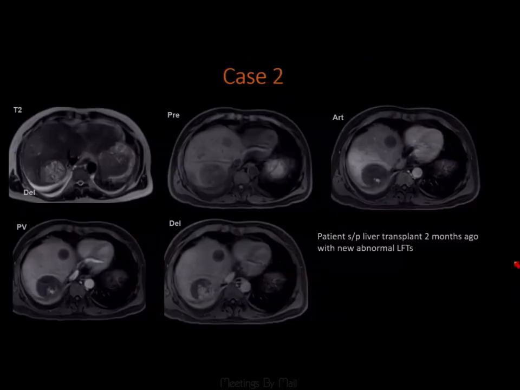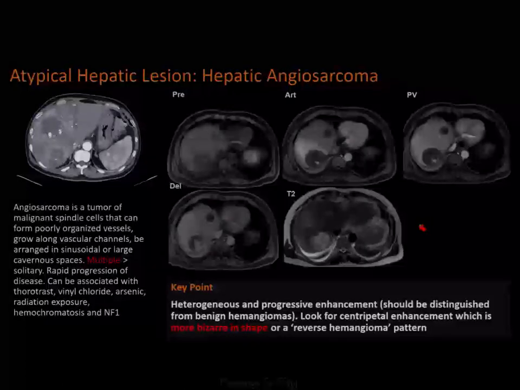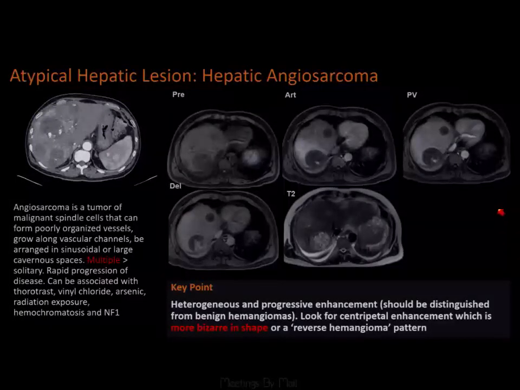All right, case number 2. This patient was status post liver transplant 2 months ago with rising LFTs. You can see they have multiple lesions. These lesions demonstrate nodular areas of enhancement. At this point, you may be thinking, well, could these be hemangiomas? This would actually turn out to be hepatic angiosarcomas, and the key here is to look for centripetal enhancement, which is more bizarre in shape, or a reverse hemangioma pattern in comparison to hepatic hemangiomas.